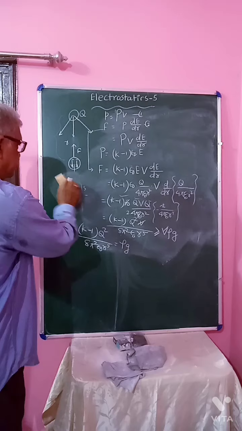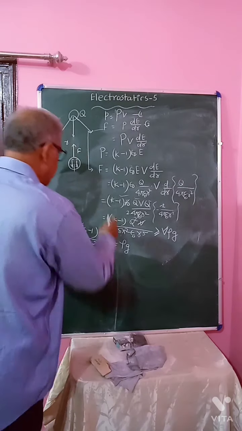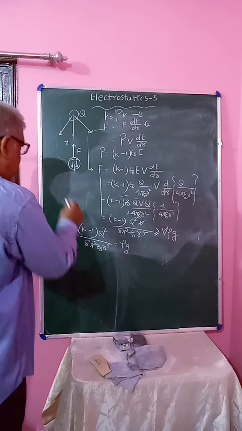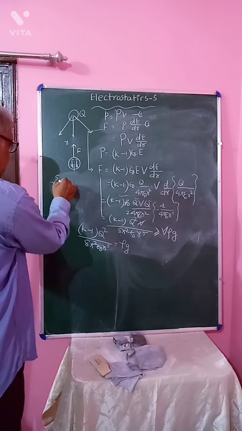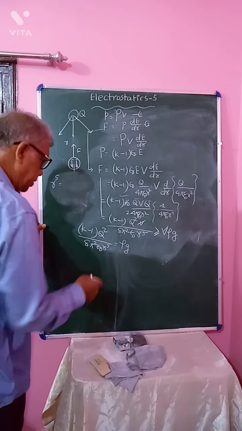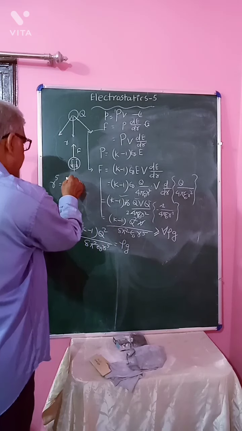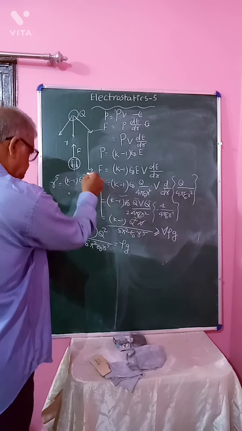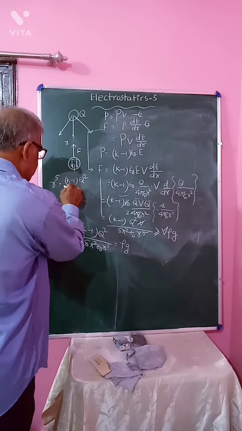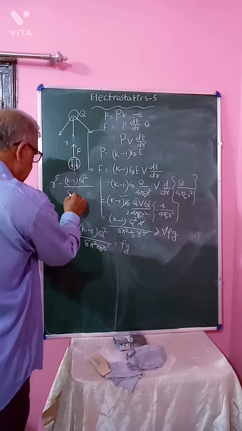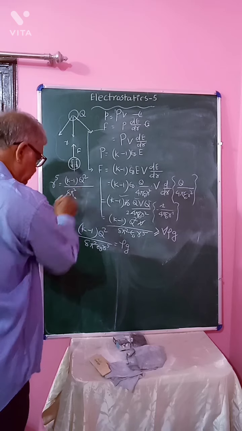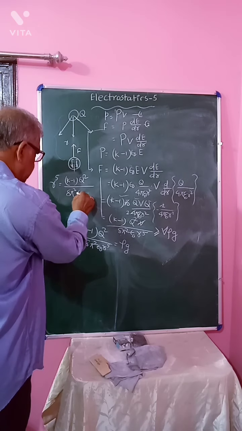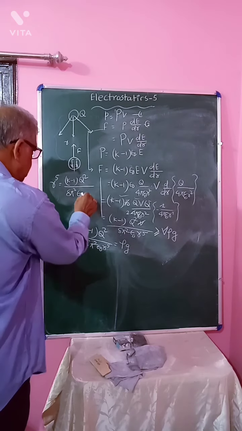Now r to the power 5, we want the distance, r to the power 5 equals (K minus 1) Q square by 8 pi square epsilon 0 rho g.